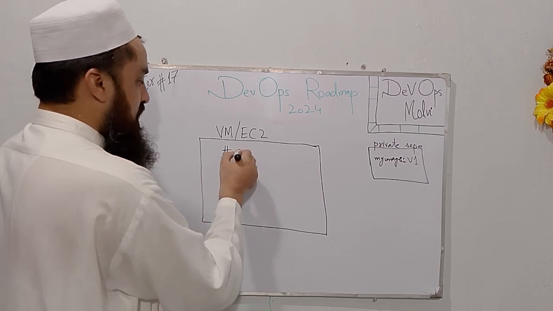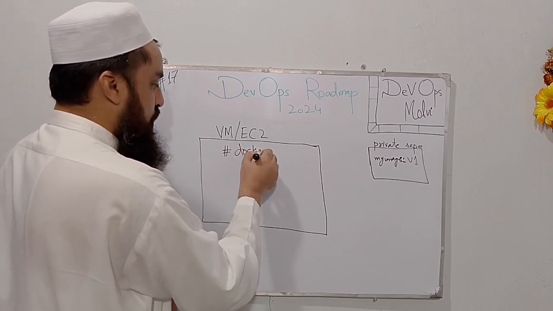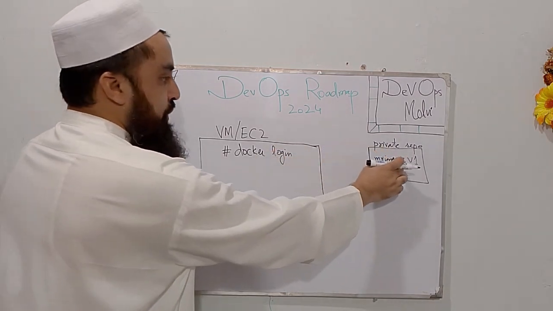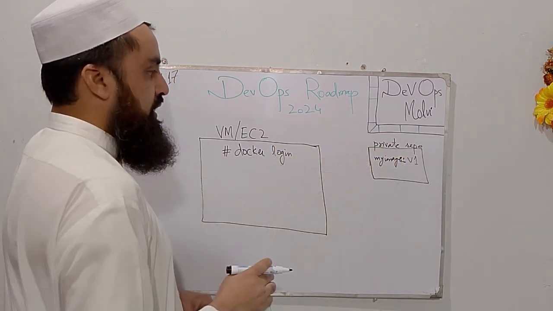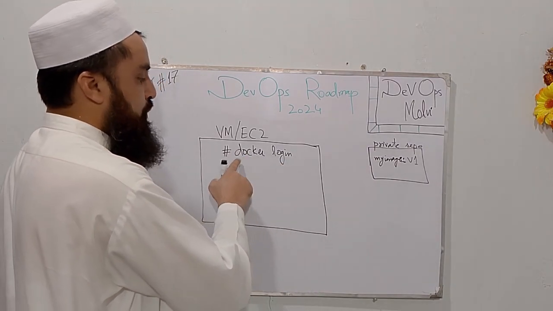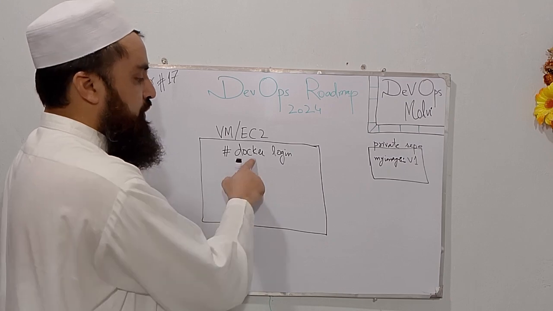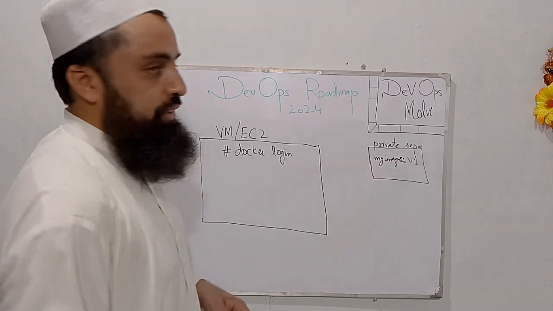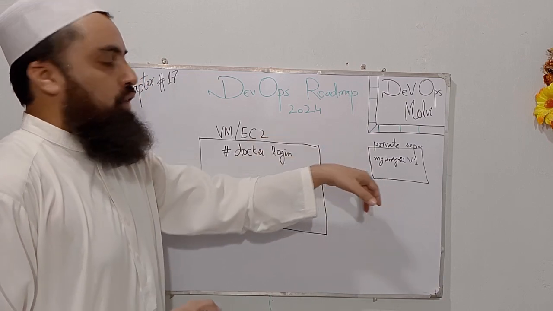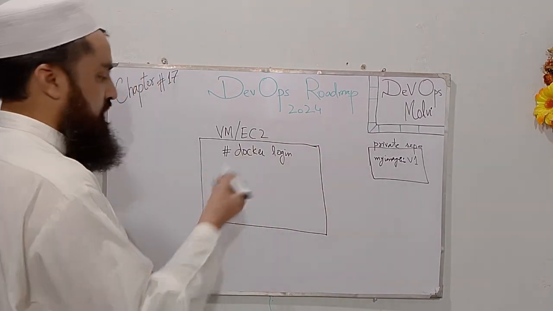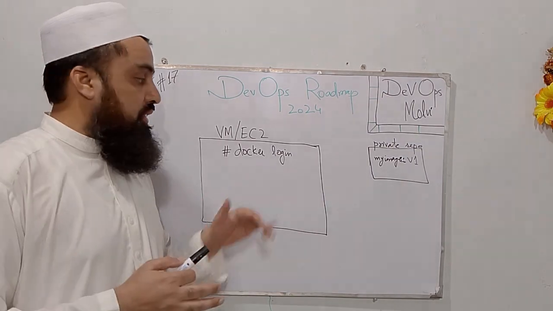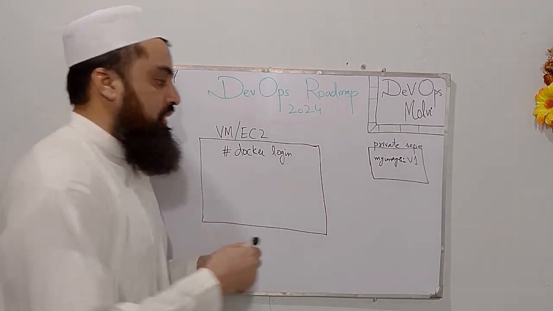So I would first run the docker login command. I have to log in to the Docker private registry. I would need to run docker login, and I would have to provide the credentials, the username and password of my registry. These are the credentials of Docker Hub. So when we run the docker login command, it will ask us for the username and password of Docker Hub.